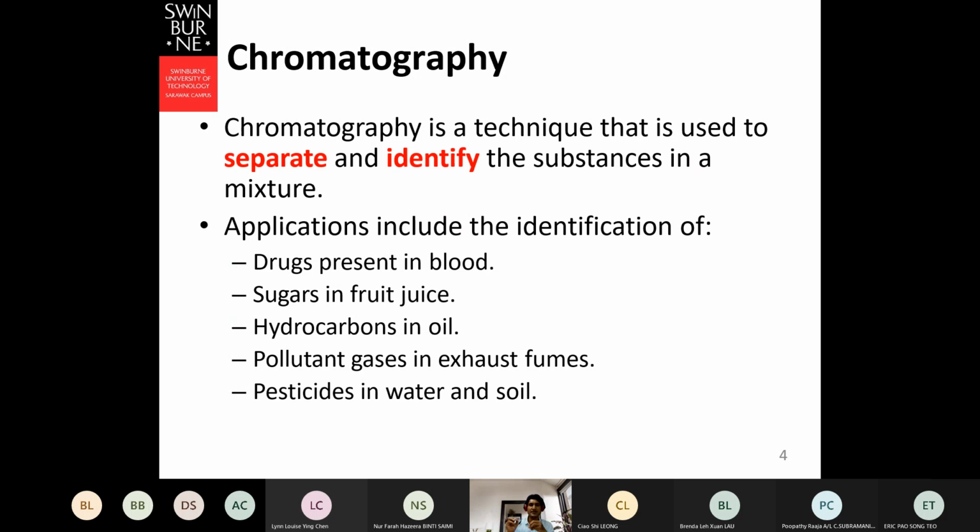A mixture of substances in one single phase. Phase means whether it is totally a liquid or a solid form. Of course, chromatography cannot use solid, but I'm telling you about the phase.